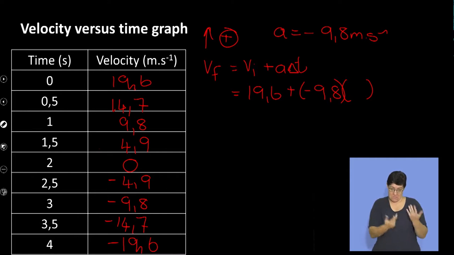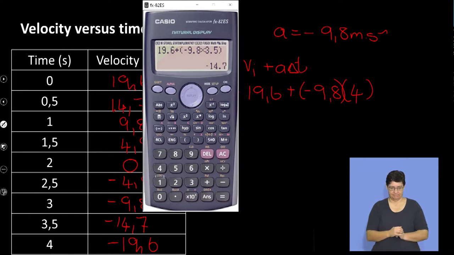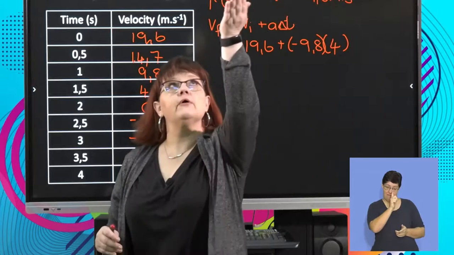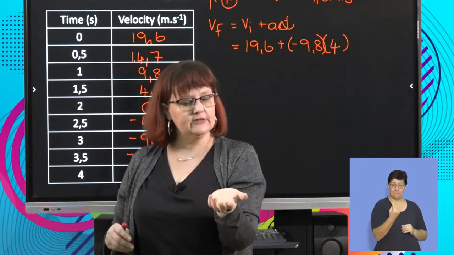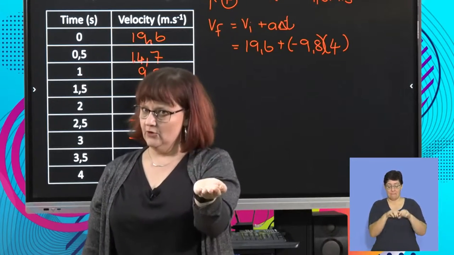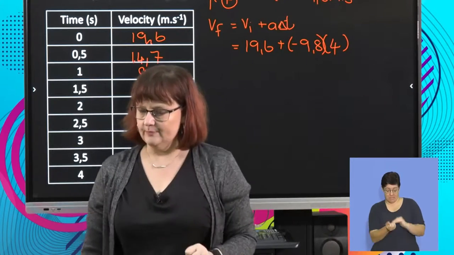So over here, we're going to put 4. Times by 4. Oh, look there. Minus 19.6. I'm happy with that, because by now you've been told that the velocity I throw it up with is the velocity I'm going to catch it with, as long as it's at the same place. That's the important part.